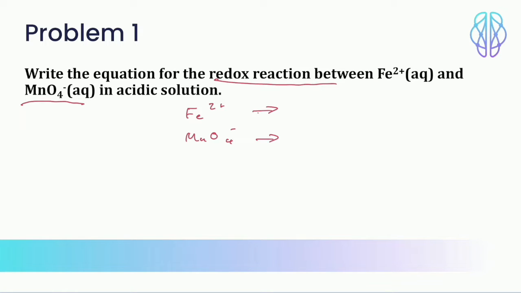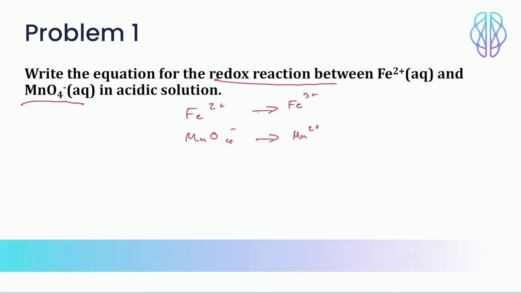And then one of them's going to be reduced and one of them's going to be oxidized. Now, typically, iron will go from Fe2 plus to Fe3 plus, and our MnO4 is going to go to Mn2 plus.